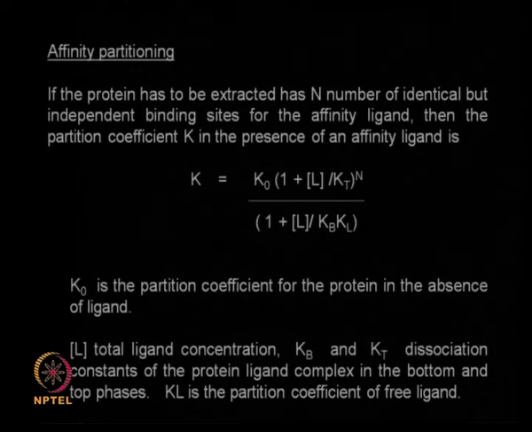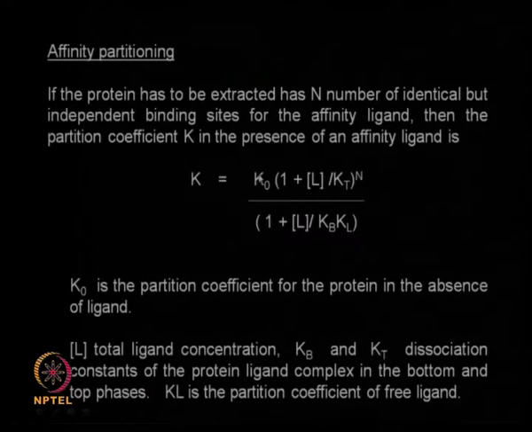So if I have an affinity ligand, and the protein to be extracted has n number of independent binding sites for the affinity ligand, then the partition coefficient K in the presence of the affinity ligand will be like this: K equal to K naught, where K naught is the partition coefficient of the protein in the absence of ligand.